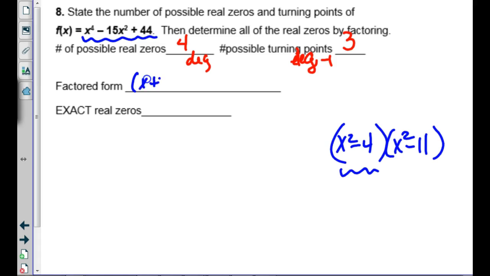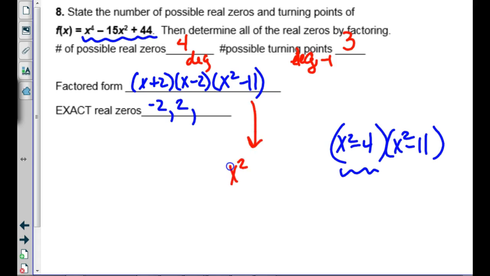So x plus 2, x minus 2, and x squared minus 11 in any order. So where are the exact zeros at? Negative 2, positive 2. Exact means no decimals, guys. So x squared equals 11, x equals plus or minus square root of 11.